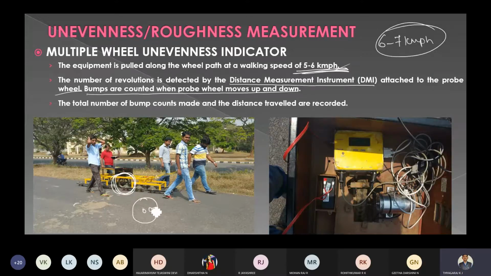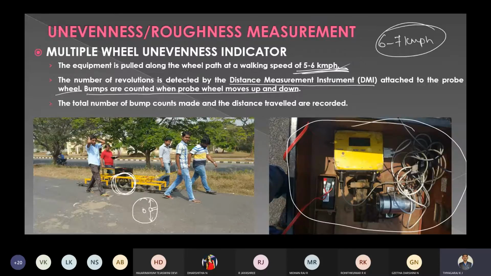A sensor will be attached to the wheel. So when there is an undulation or upward movement of the wheel, it will automatically determine the undulations and record them. This is the instrument which is used to record the unevenness readings.